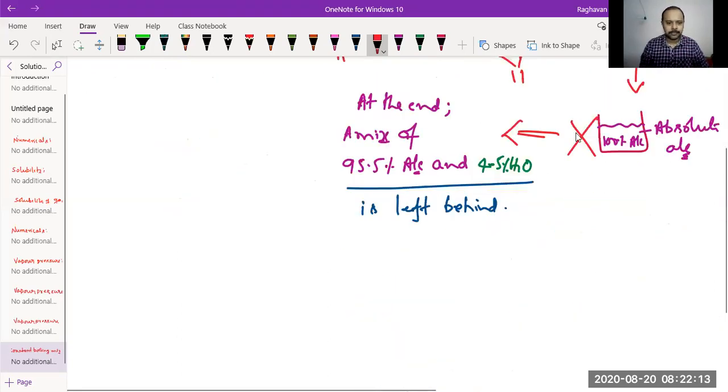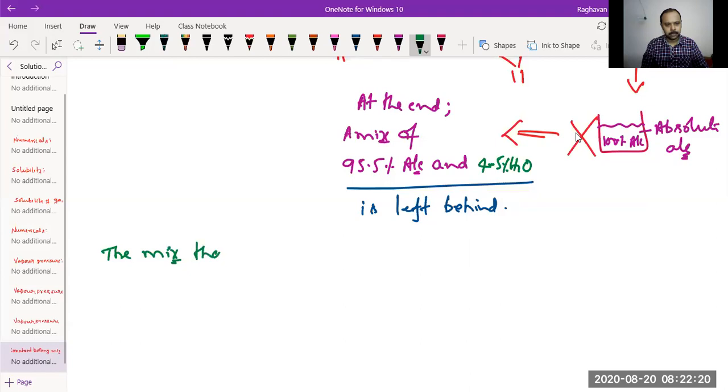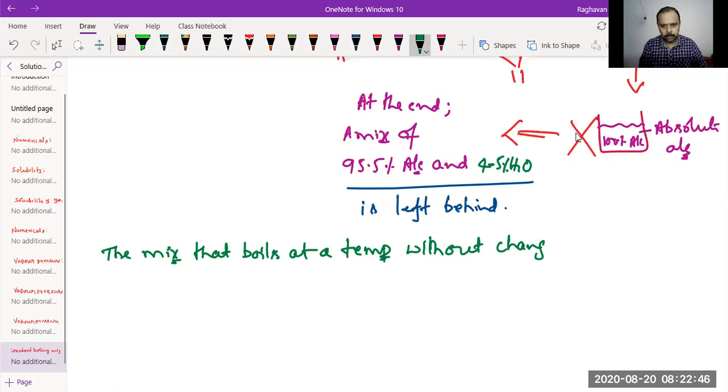So the mixture that boils at a temperature without changing its composition is called azeotropic mixture.